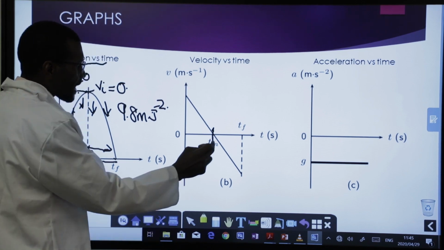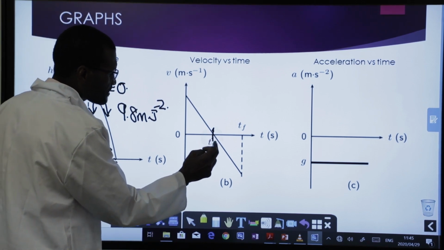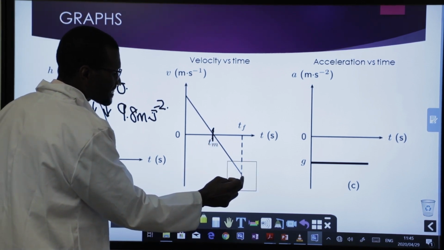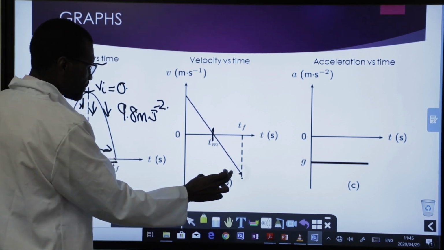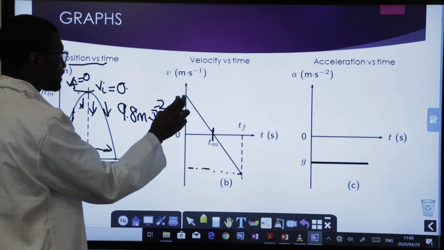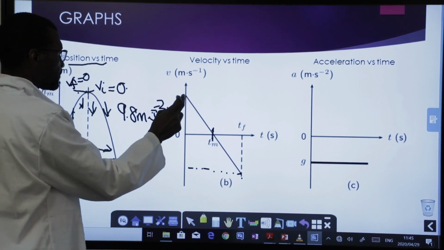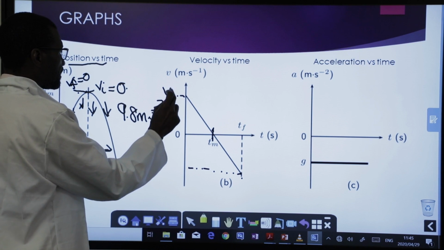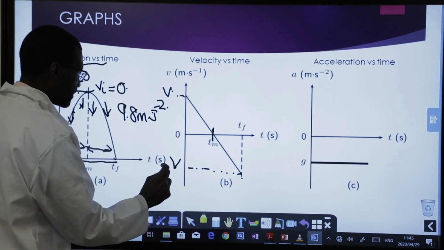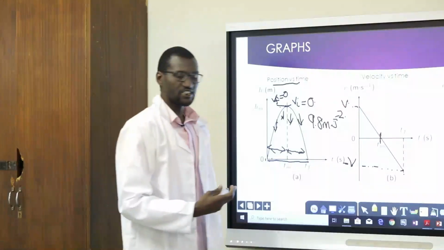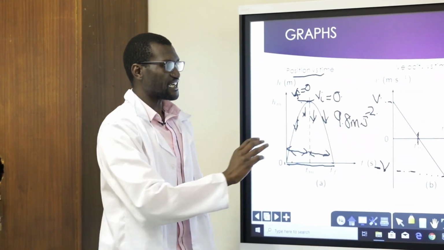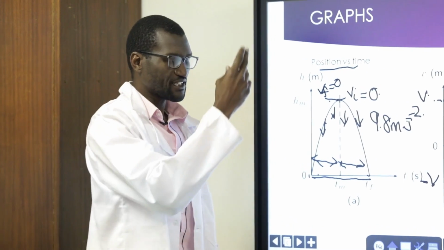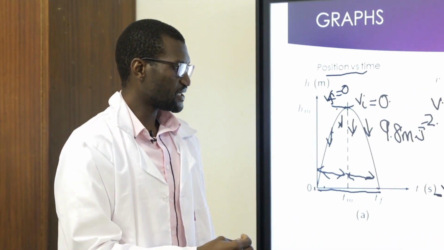And after that, due to gravity, the object starts increasing in velocity. If it's going back to its original position, it will have an equal v being equal to minus v, only a difference in direction. In this case, as I have said, I have chosen upwards to be positive.